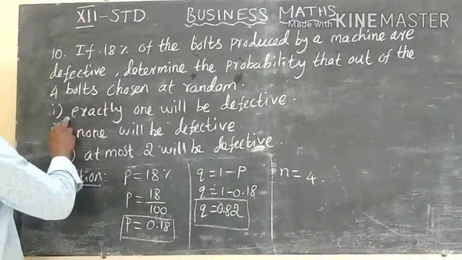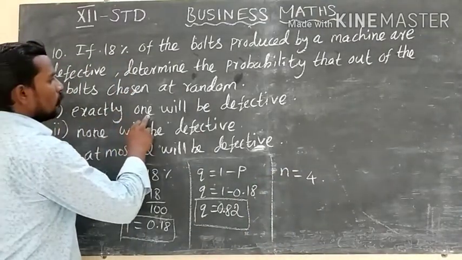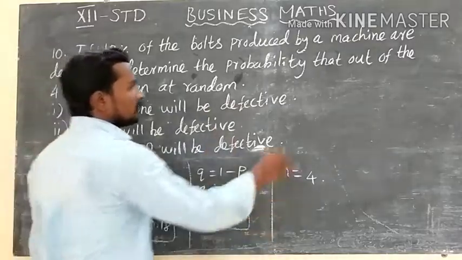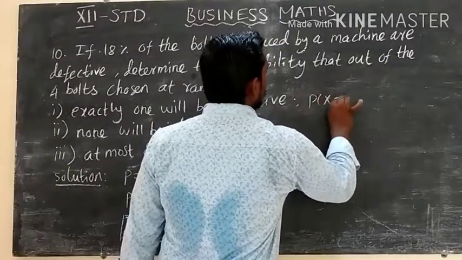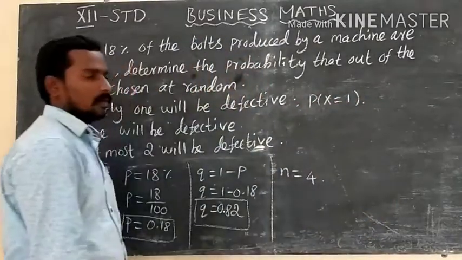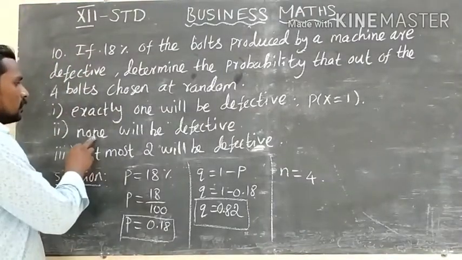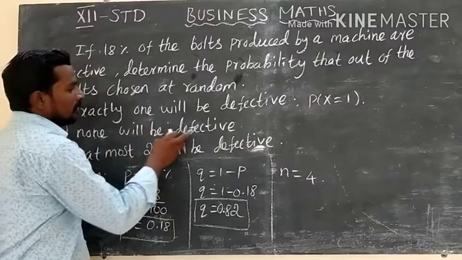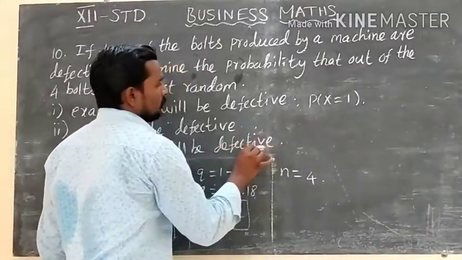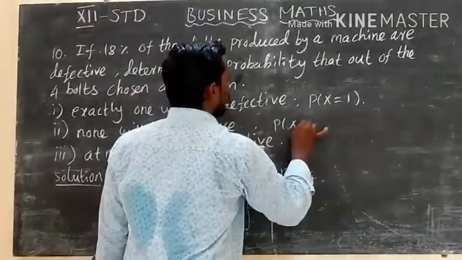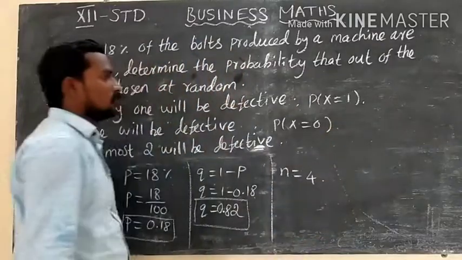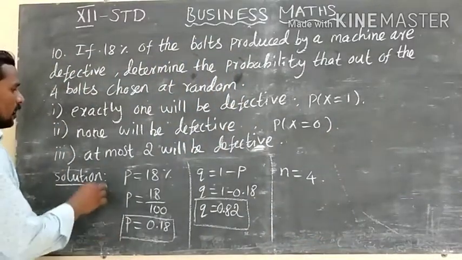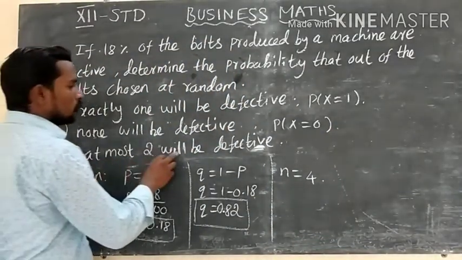Okay. Consider the questions. First question, exactly 1 will be defective. That means we want to find P of x equal to 1. Then none will be defective. None means no defective bolt, so P of x is equal to 0. Okay. Then at most 2 will be defective.